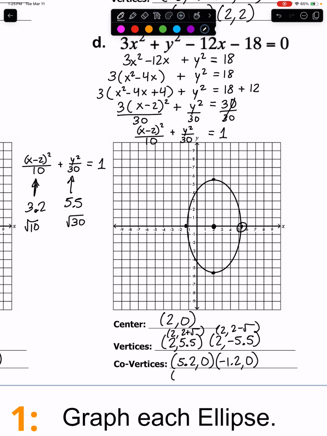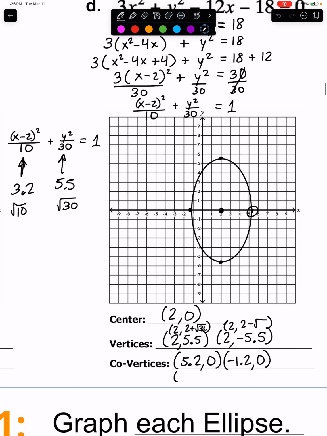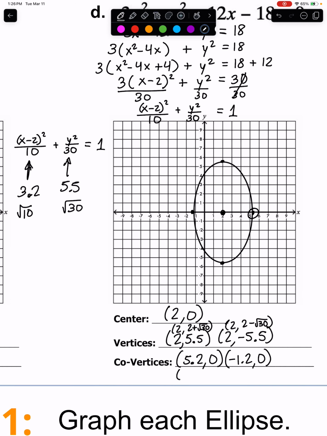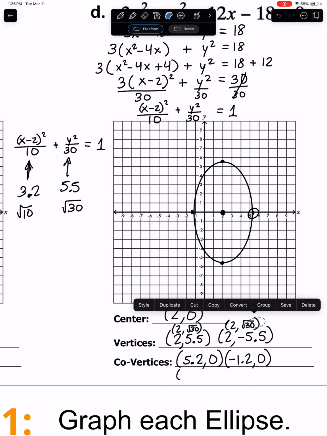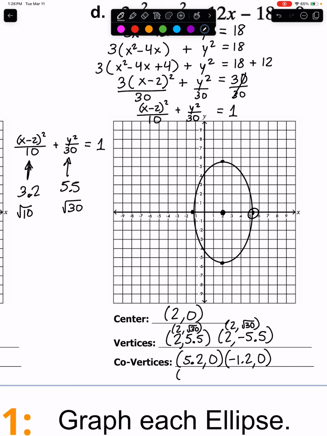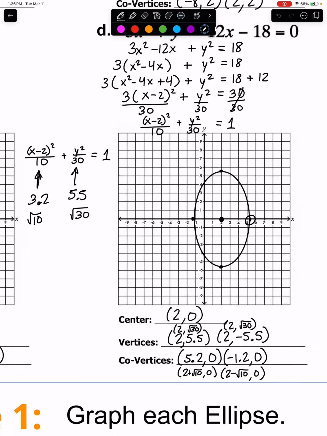So 2 comma square root 30 is a vertex, and 5.2 comma 0 would be 2 plus root 10 comma 0, and 2 minus root 10 comma 0. Apologies for the confusion. There we go.